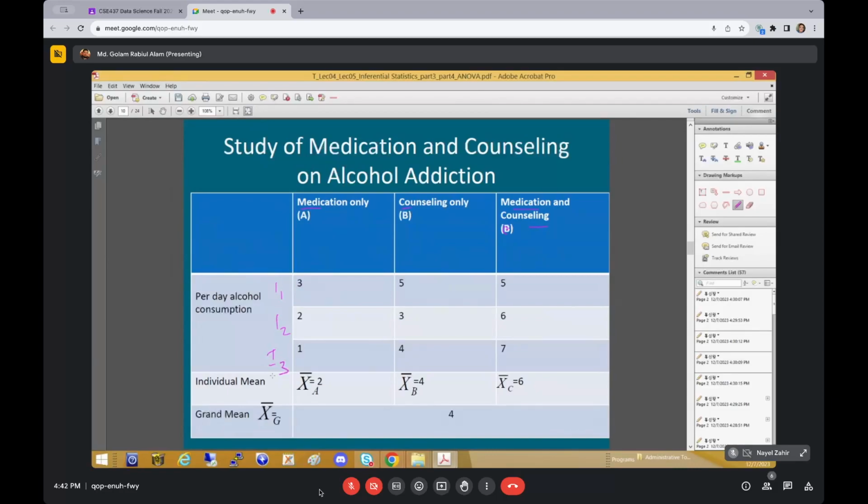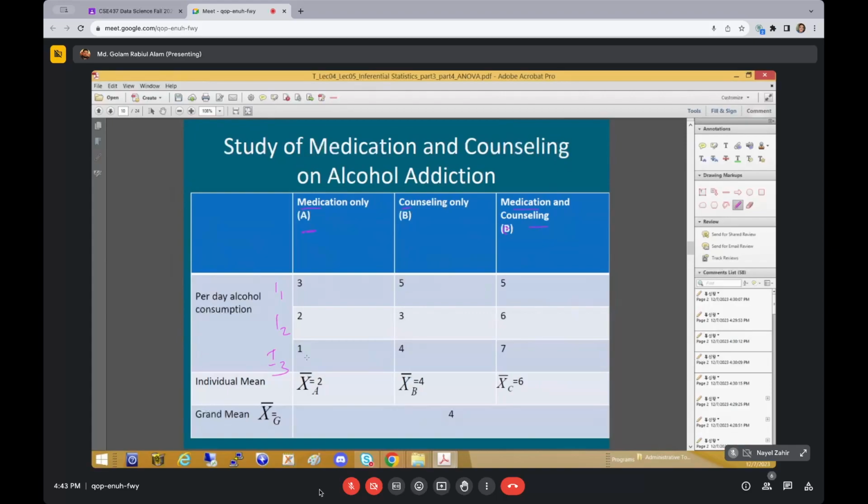Individual 1 consumes alcohol 3 times per day, individual 2 consumes 2 times per day, and individual 3 consumes alcohol just 1 time per day.